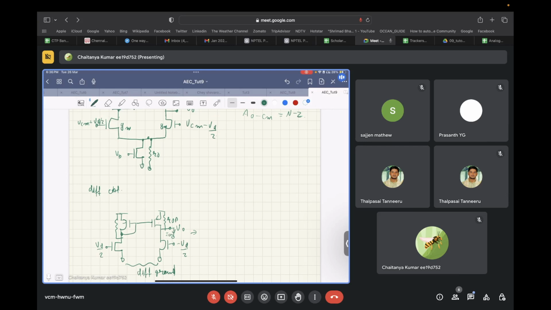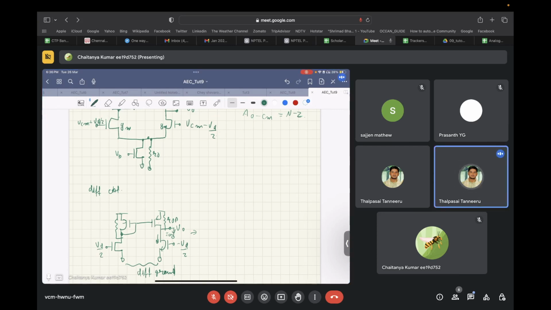If you try to find ISC, what will you get? Some current will be pulled by this transistor. What will be the current pulled by this transistor? Sir, GM times VD by 2. Okay. Yes, sir.